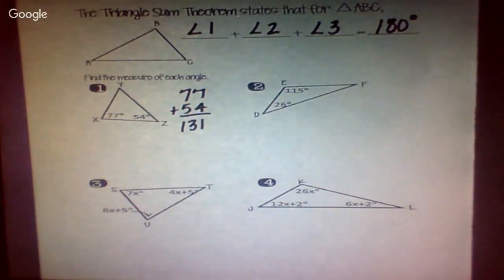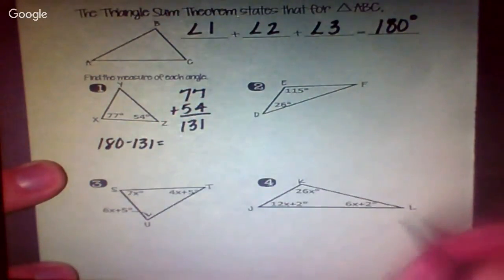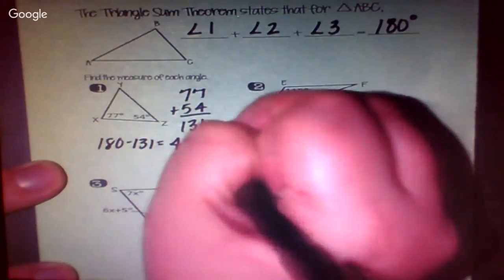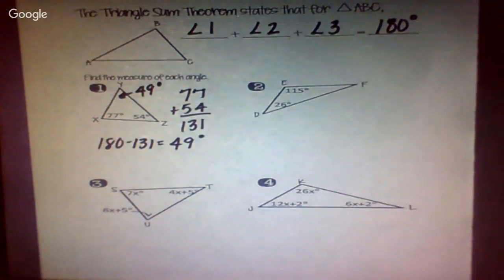Okay, well, if those two angles are 131, and that third angle should take me to 180, how do I find that third angle? Just subtract it. 180 minus 131 gives me 49. So my missing angle that goes right here is 49 degrees. Pretty simple, right?